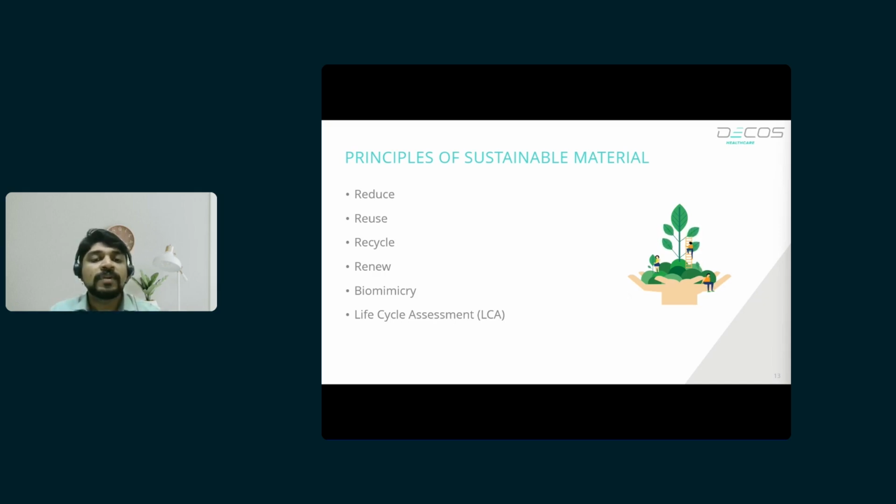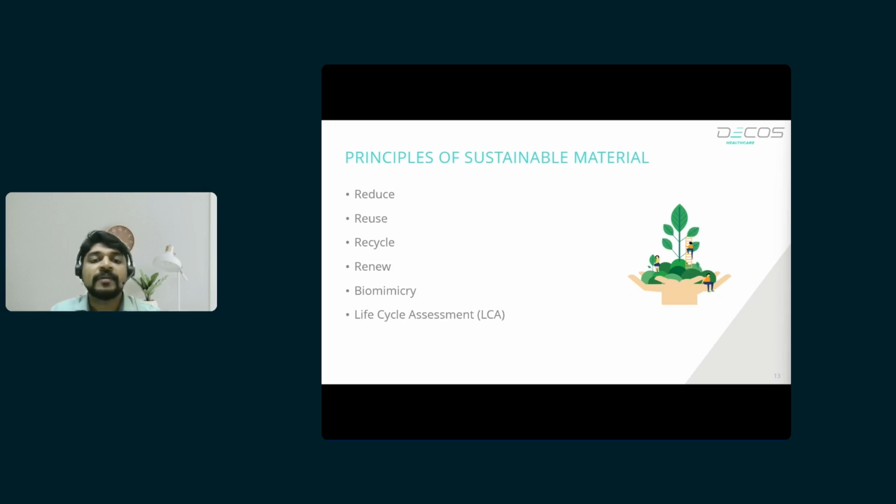This could involve lightweight design, multifunctionality, and optimizing material use. Reuse points to designing products for easy disassembly and encouraging material reuse in new applications. This extends the lifespan of the material and reduces waste.